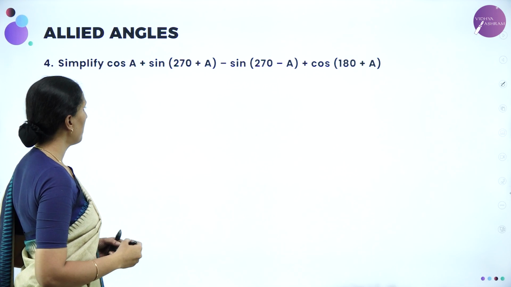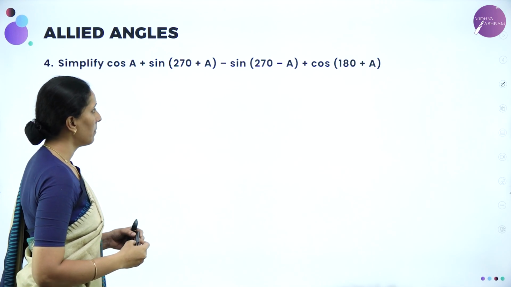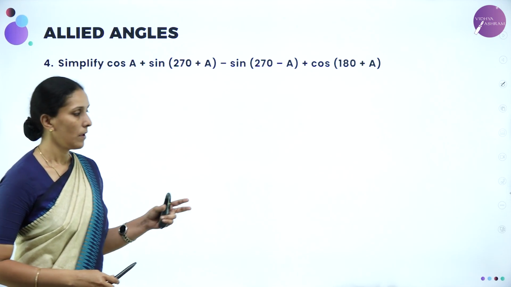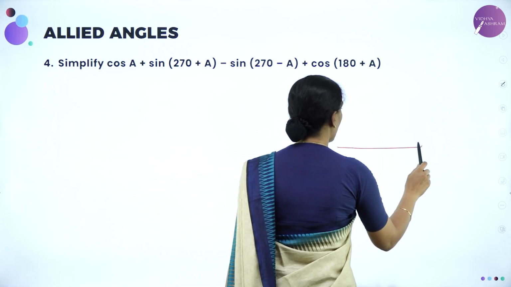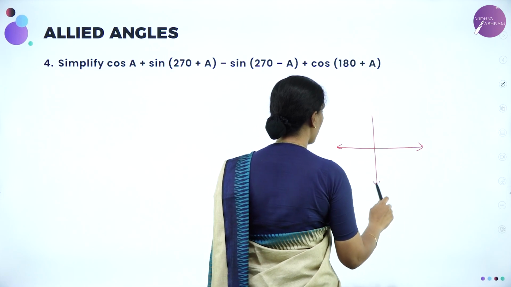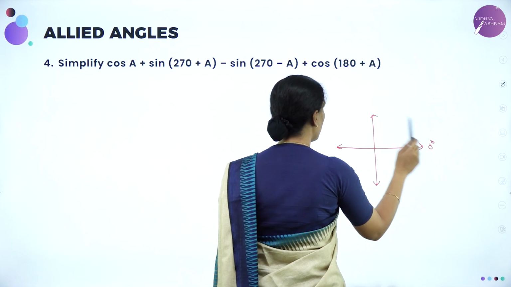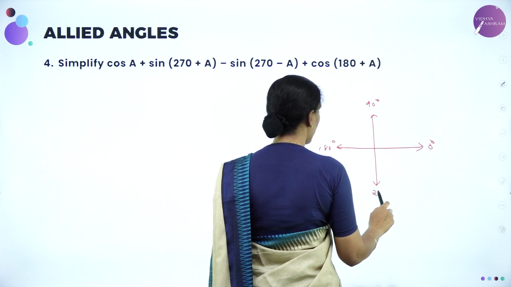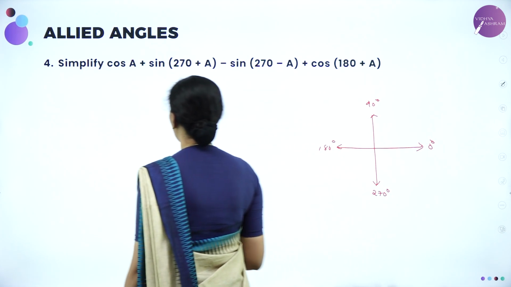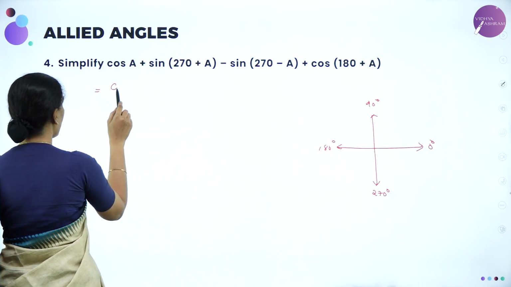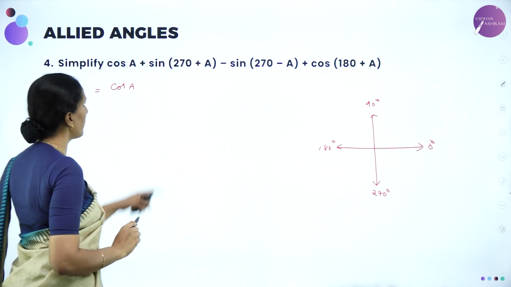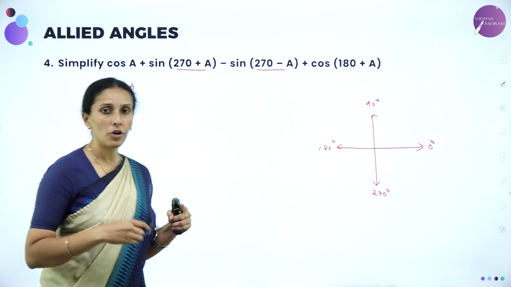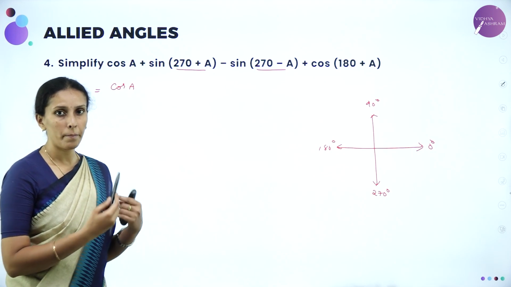Simplify cos A plus sin(270 plus A) minus sin(270 minus A) plus cos(180 plus A). Let us see the values and decide the quadrants here: 0, 90, 180, 270. Now cos A remains the same. Since we are taking the relation with 270, the function also changes, and the sign also may change.